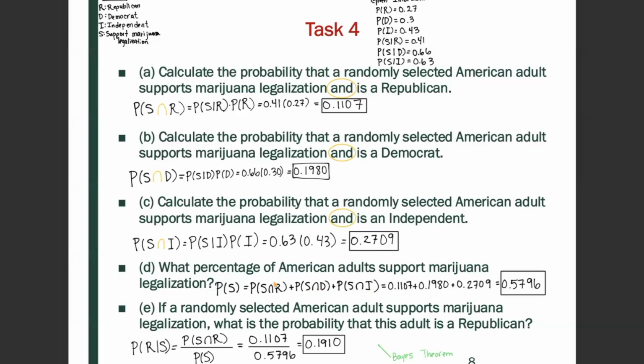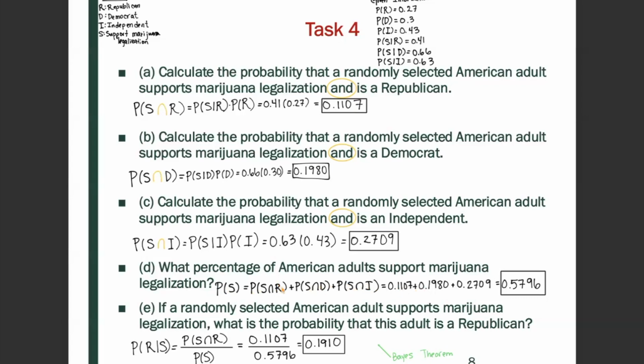So in this problem, we only have three possibilities for the political parties, Republican, Democrat, and Independent. So if you add those together, that would give you the probability that you support marijuana legalization.